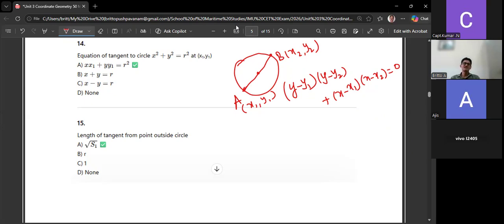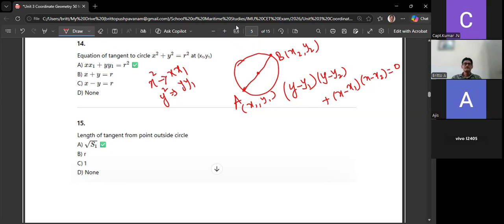So now the question is, what is the equation of tangent to the circle? Whenever the word tangent comes, you change x squared into x x1, and y squared into y y1.